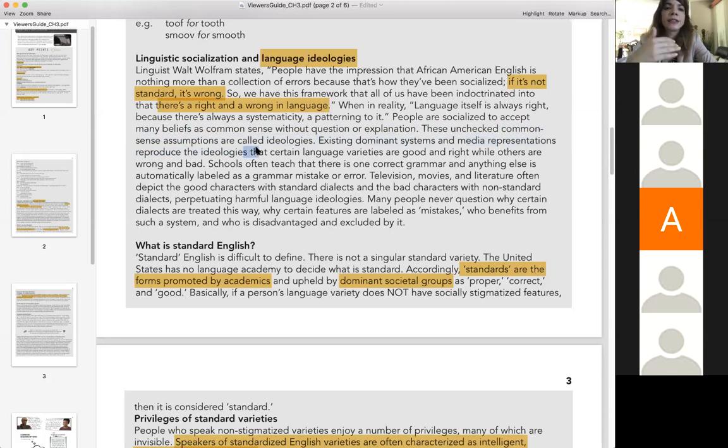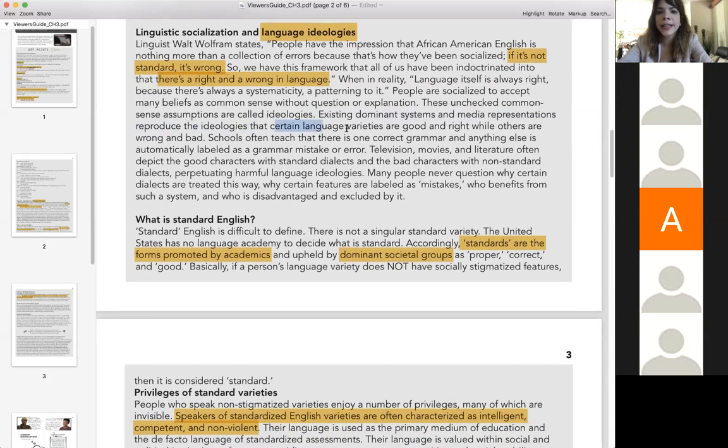Right? So they ask their newscasters, or we ask our government institutions or our lawyers to speak this prestigious way. Okay, so certain language varieties, because they're represented in these prestigious institutions, are then ingrained in our mind as good or desirable and right.